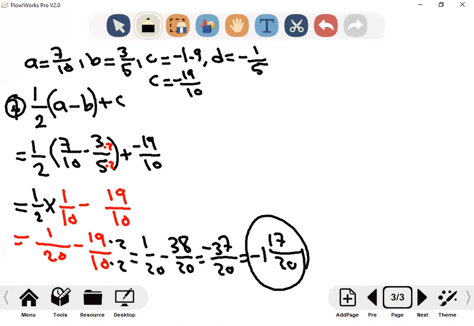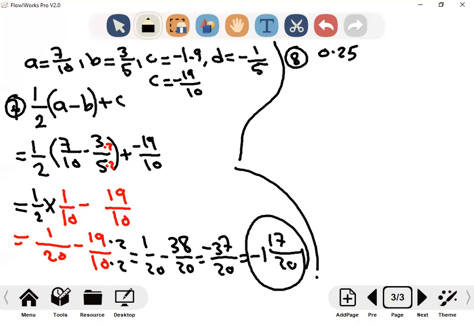Question 8. Focus with me on question 8. We have 0.25 multiplied by the parentheses a plus b minus d.